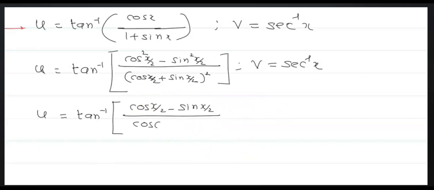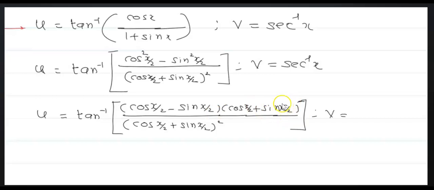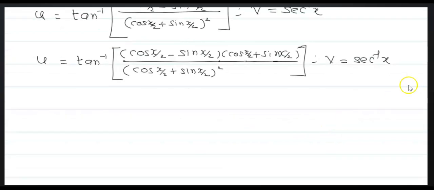That plus will get cancelled, and that's why you will get tan inverse of cos of x by 2 minus sin x by 2 upon cos of x by 2 plus sin of x by 2. One power of cos of x by 2 plus sin of x by 2 will get cancelled, and v is equal to sec inverse of x.